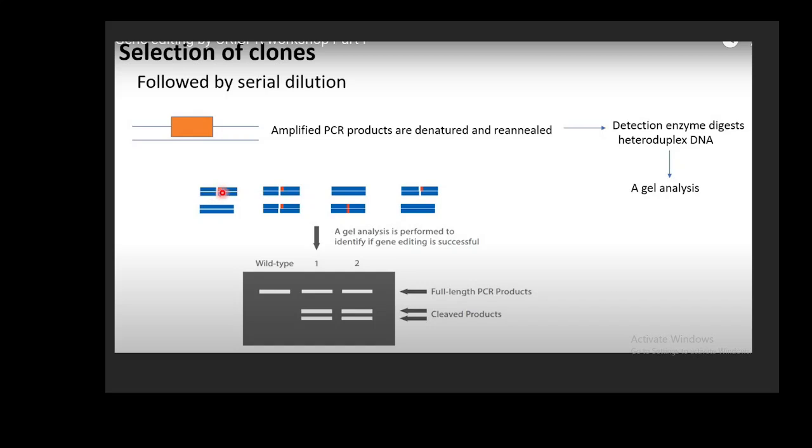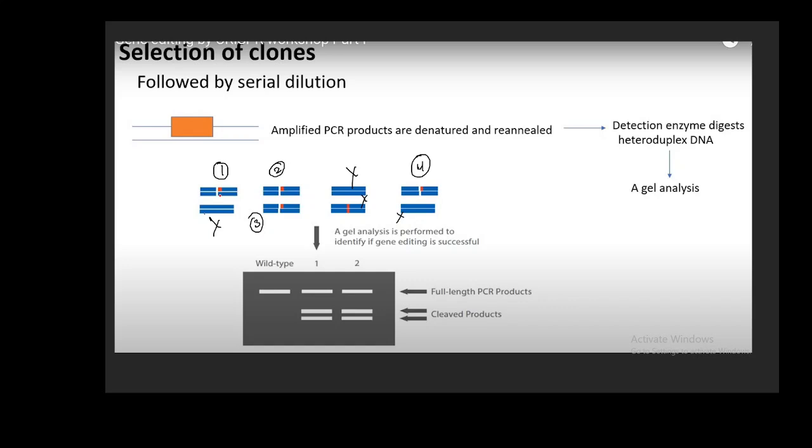For example, in this case, it will cleave this sequence, this sequence, this sequence, and this sequence. But it will not cleave the sequence if it is not modified or modified on both strands.